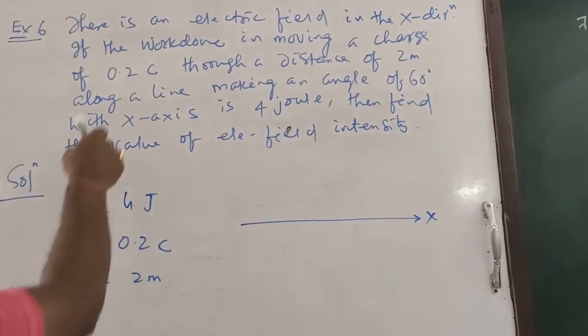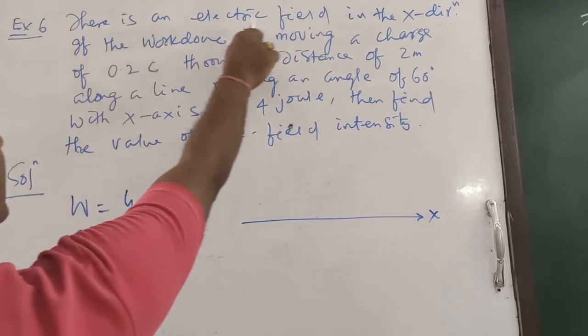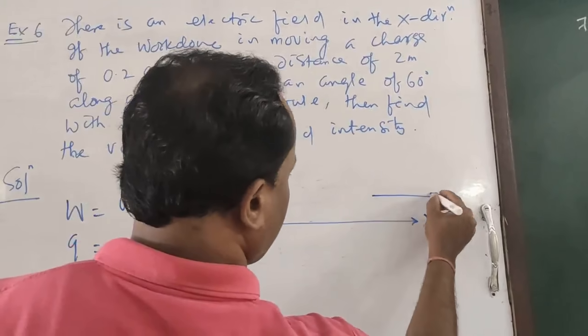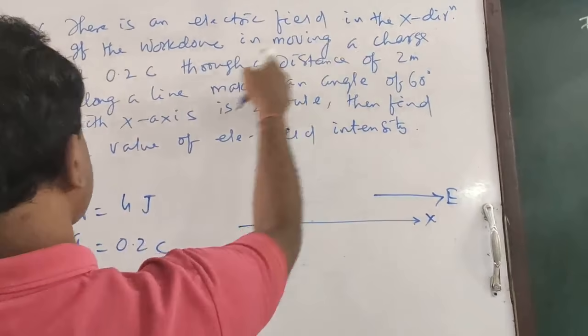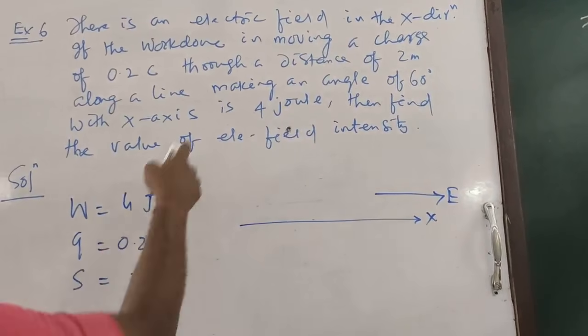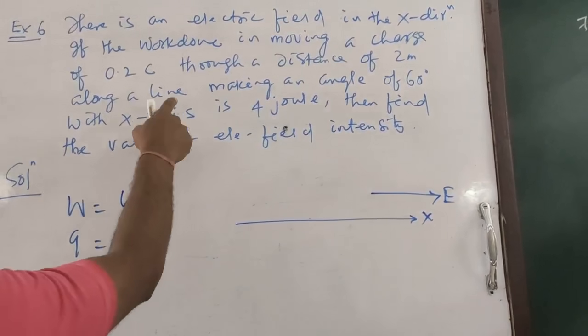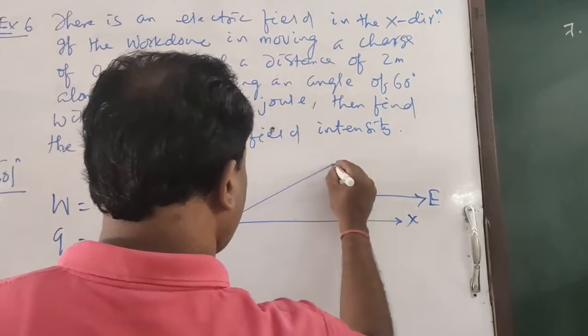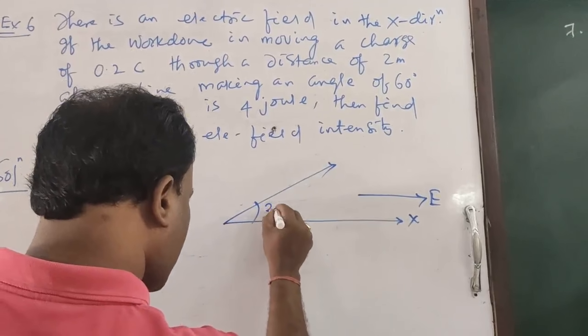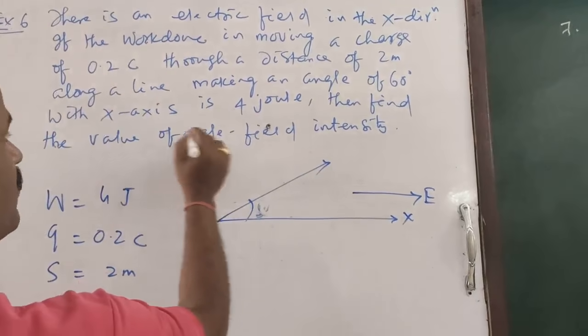Clear? See, even if there is an electric field in the x direction. If work done in moving a charge of 0.2 through a distance of 2 meter along the line making an angle of how much?